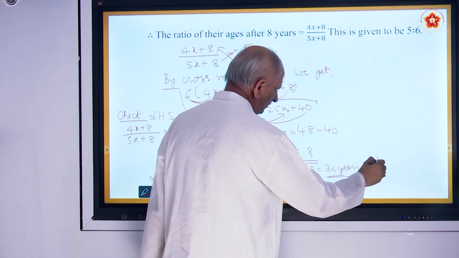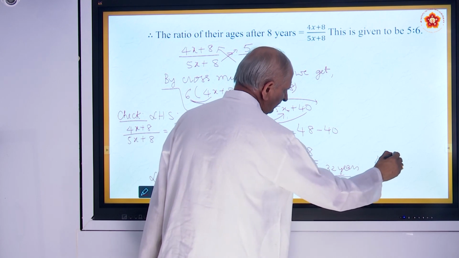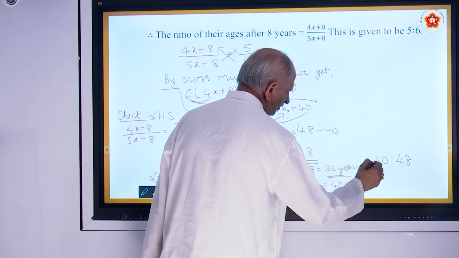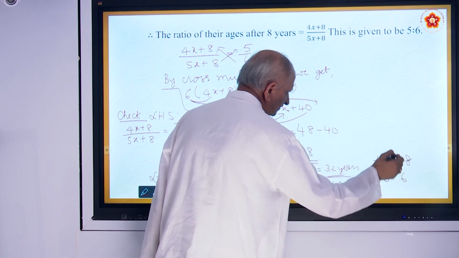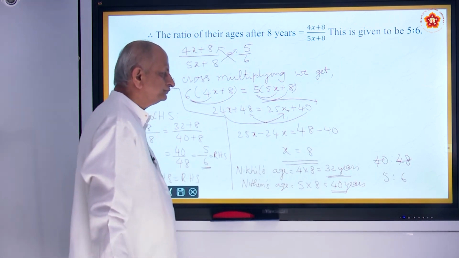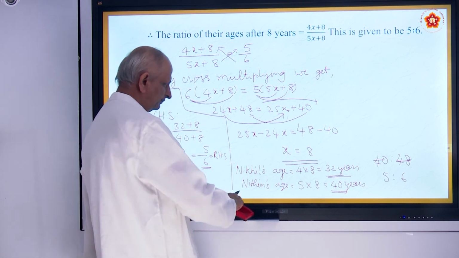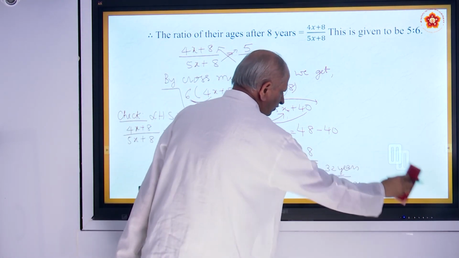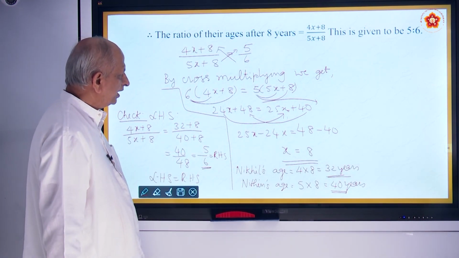After 8 years it will be 32 plus 8, 40, and 40 plus 8, 48. So you have 8 5s are, 8 6s are. That is exactly what you got here. Okay. So what we have done is correct. This is how we have to verify the things. Okay. Understood?